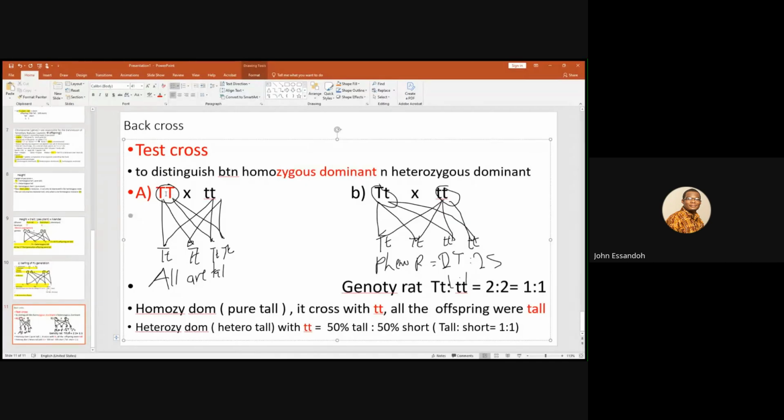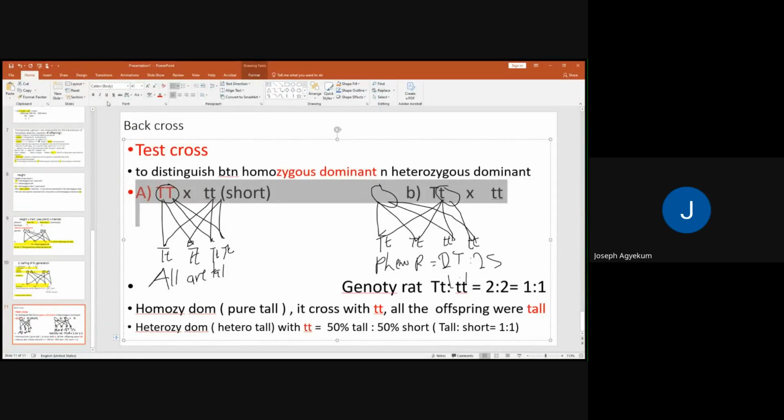No, but capital T, small t is genotype. That's when they write the alphabets like that. Phenotype is tall and short. This one is short. Maybe you didn't join the class earlier. From the question you were asking, I could tell you didn't join the class earlier.